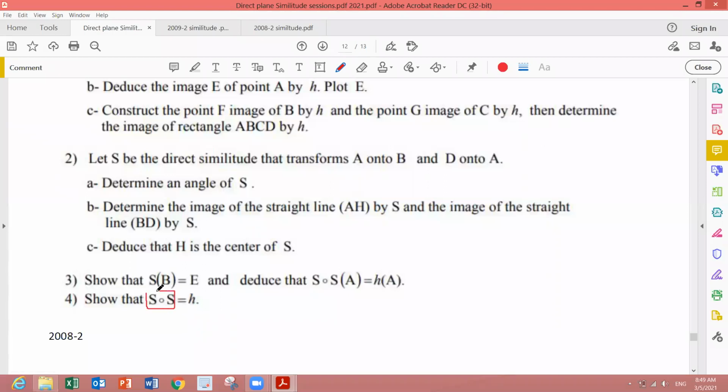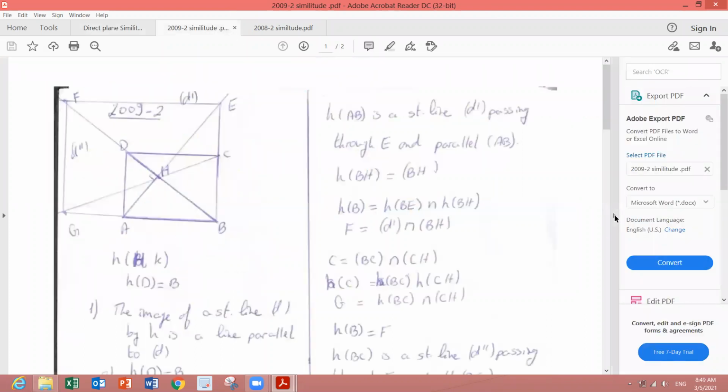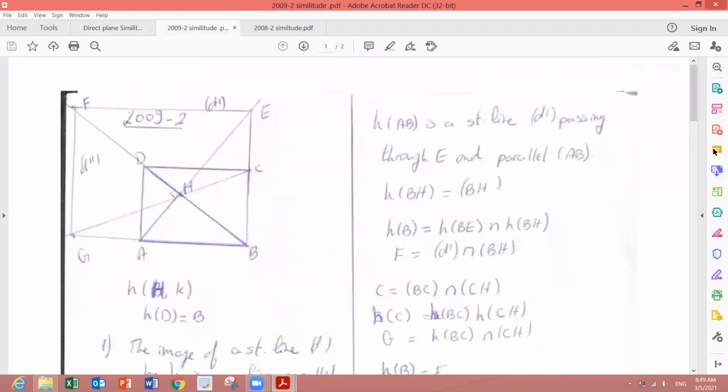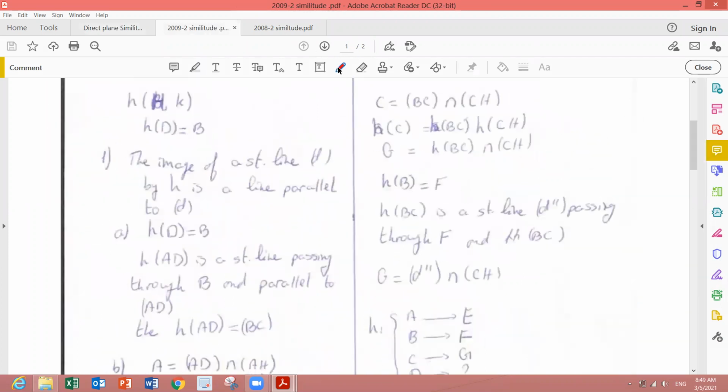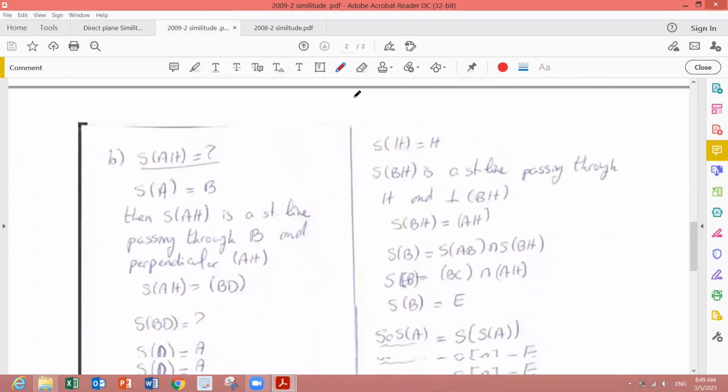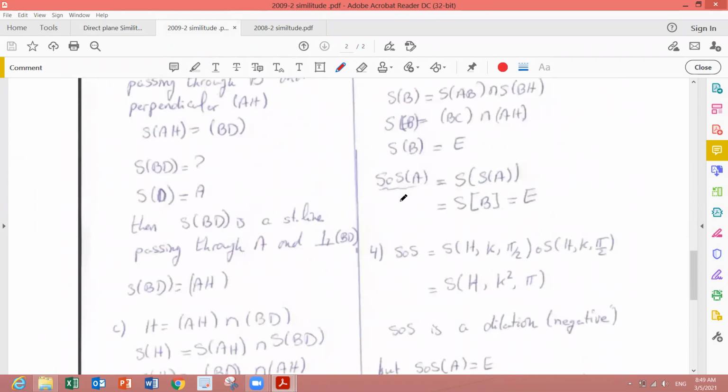Dilation. كيف عرفت dilation؟ Because the angle is pi, not 0. So S round S is S H K pi over 2.